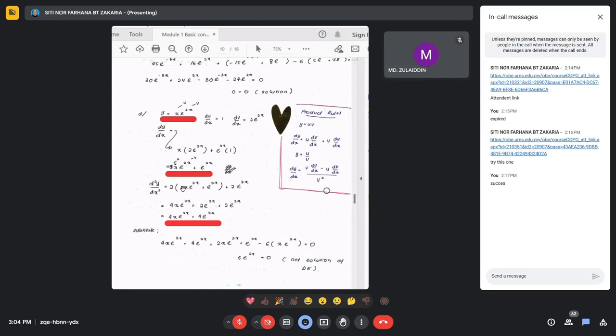And another method you need to know is the chain rule. You need to know that. There are many things you must know, and they are in your SPM. All these are fundamental for trigonometric substitution.